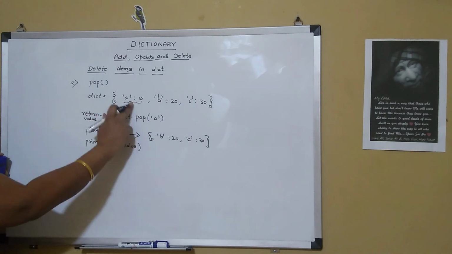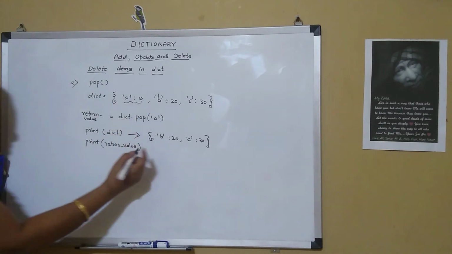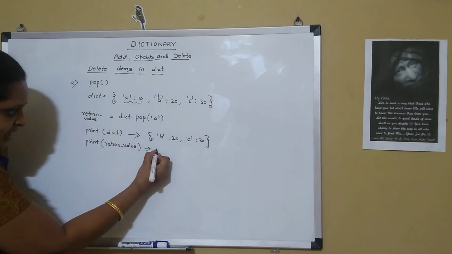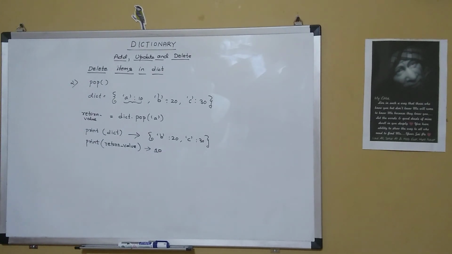For A, the corresponding value is 10, so the return value will print 10 on the console. This is how we can delete items from the dictionary: with the del keyword and with the pop built-in function.